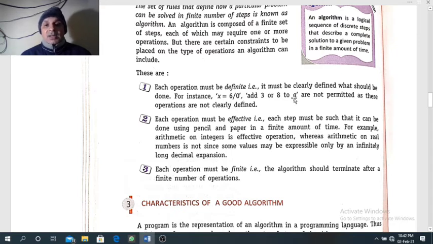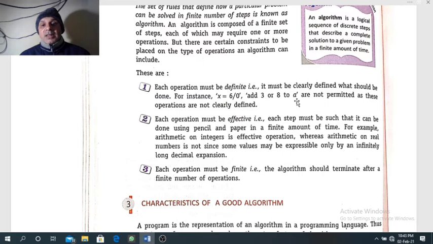Second example, add 3 or 8 to a. Suppose a is a variable, and we give the instruction add 3 or 8 to a. It is also not clearly defined, because we are going to give an instruction to the computer.